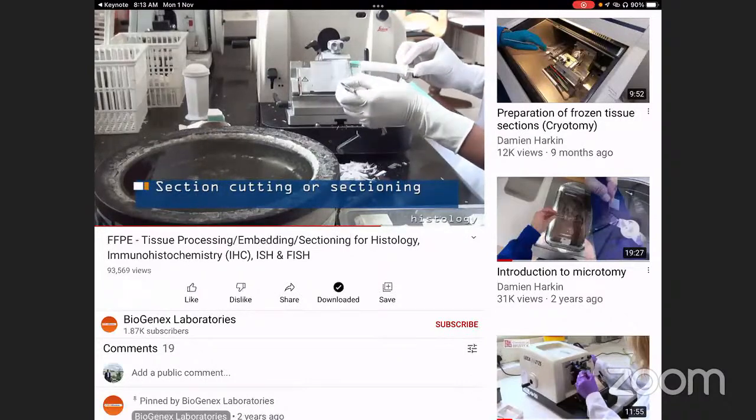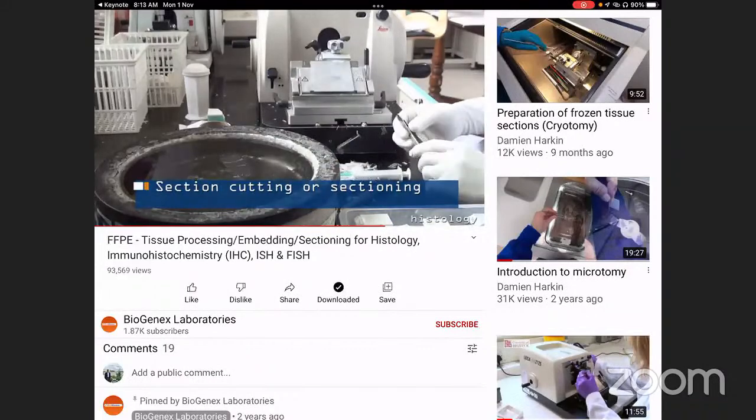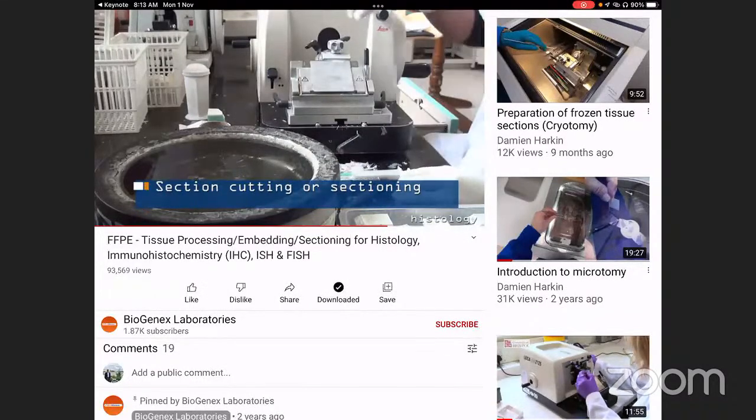The ribbon is floated on a warm water bath to remove any compression and wrinkles in the tissue caused by the cutting action, and the desired section is picked up on a glass slide.